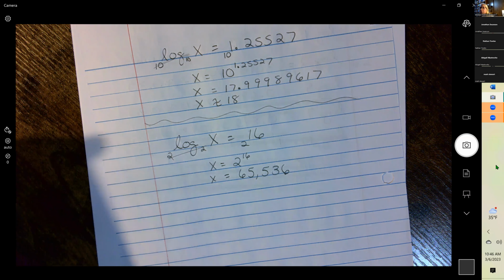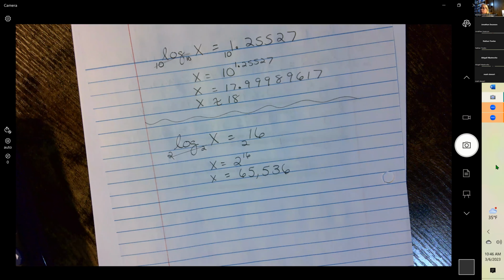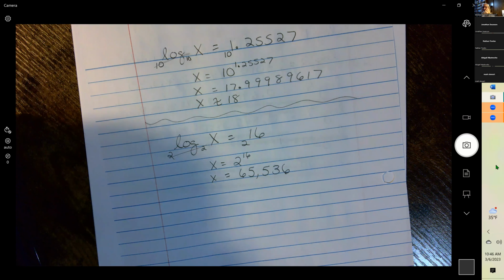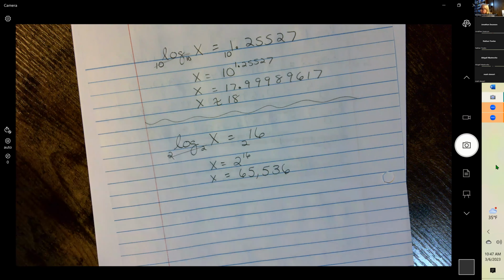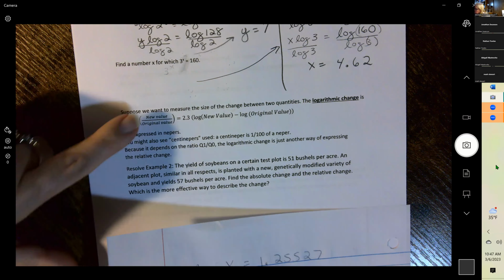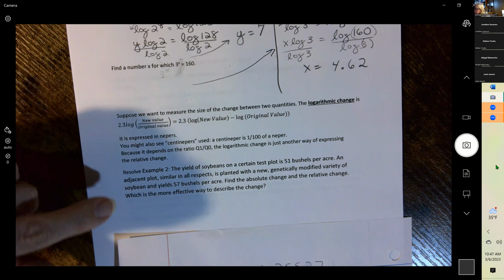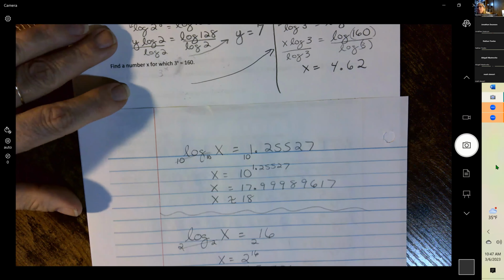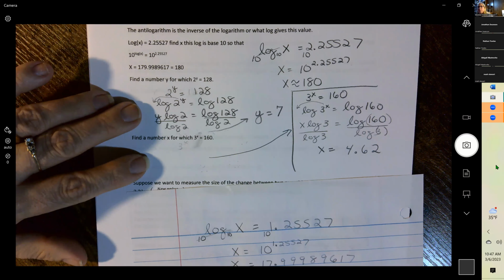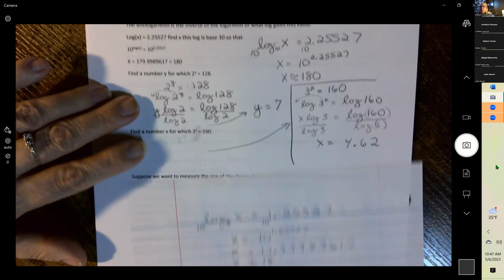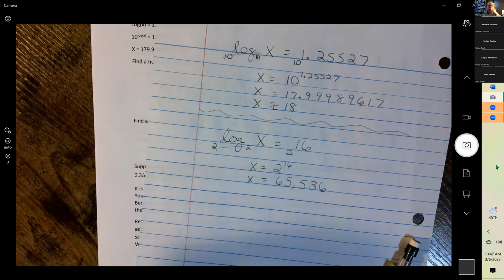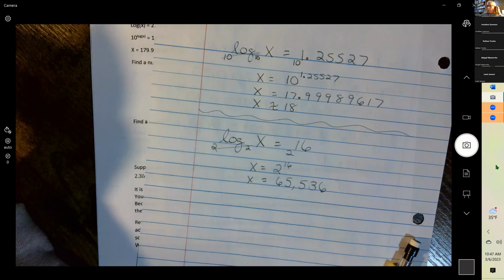Is everyone getting the values? Positive. I don't want to start that next part. We don't have enough time. Is everyone okay with solving these? Any questions? I'm confused.